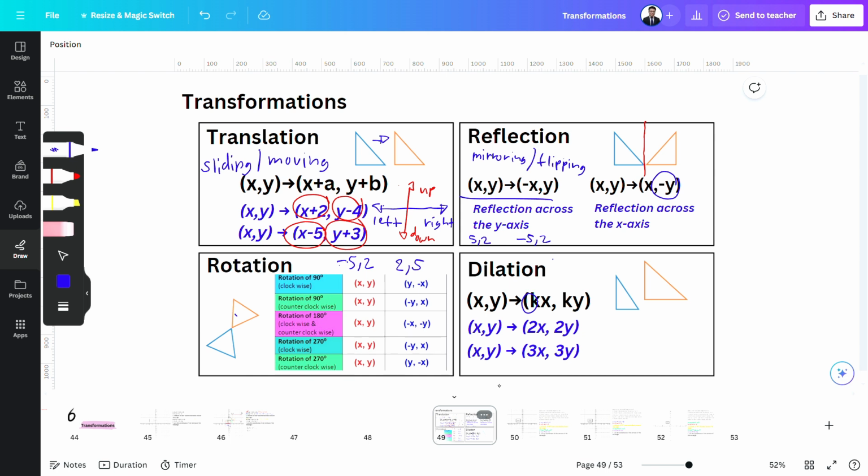When you say rigid, that means we do not alter the size or the shape. However, for dilation, it's different in a way that it's a type of non-rigid transformation. When we say non-rigid or similarity transformation, we actually change the size. However, the figure or the shape is still the same thing.